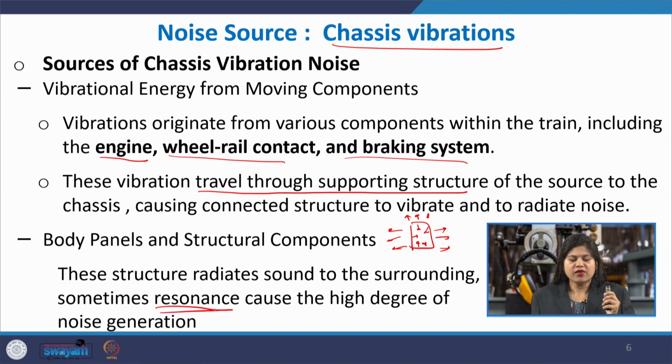When the frequency of vibrations of these components matches the frequency of the structure, the chassis acts as the pathway for vibration transmission. When the vibration corresponds to the chassis natural frequency, resonance is set, the vibrations of the chassis amplify further, and hence a very large level of noise is produced.